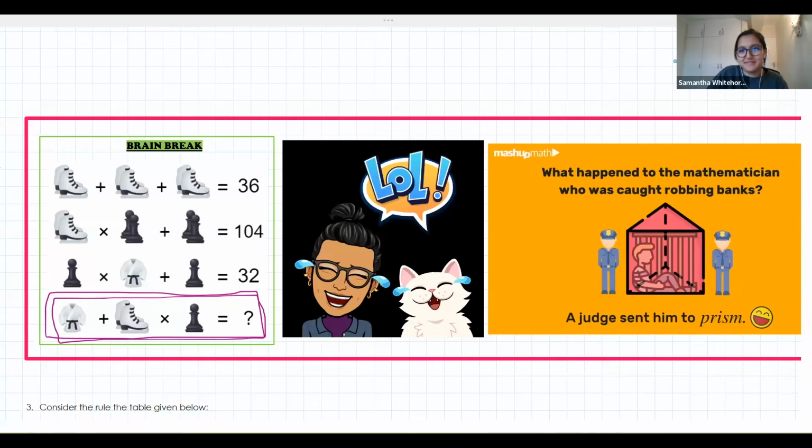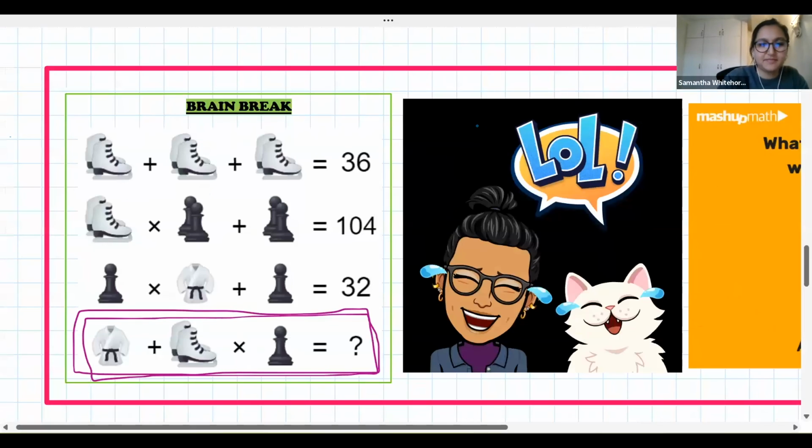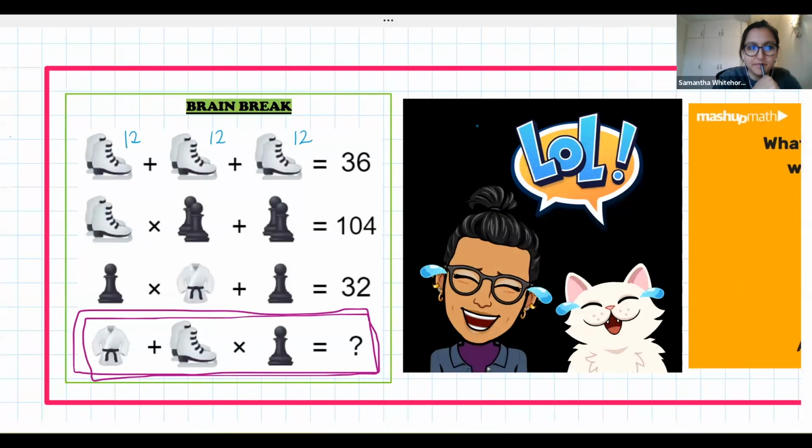For the first one, I divided 36 by 3, and it equals 12. Good. So then for the second one, I tried minusing from 104.